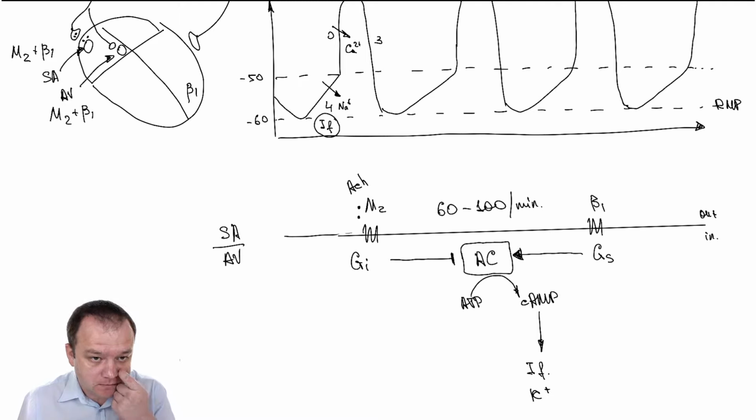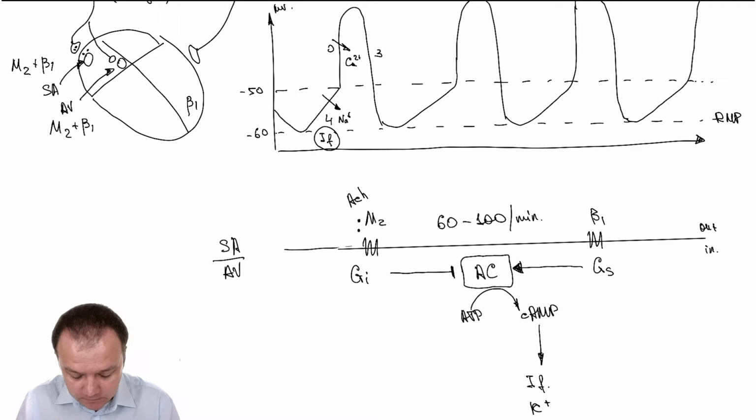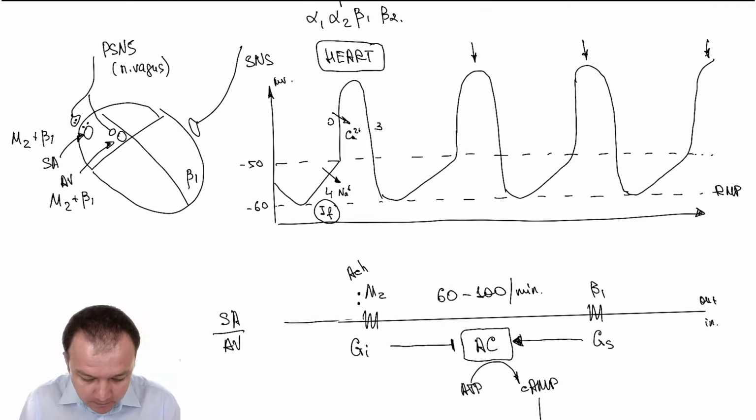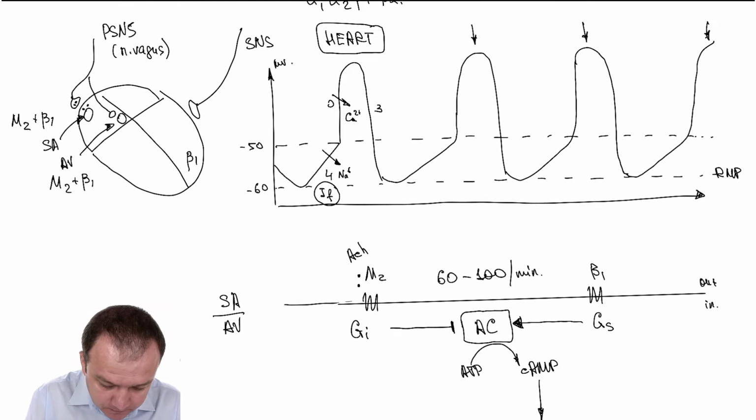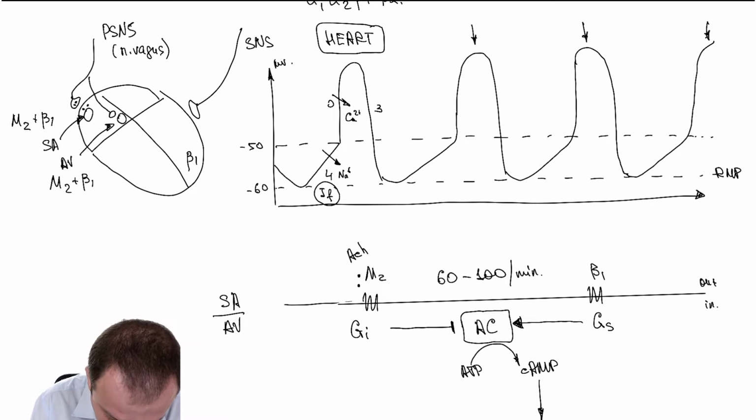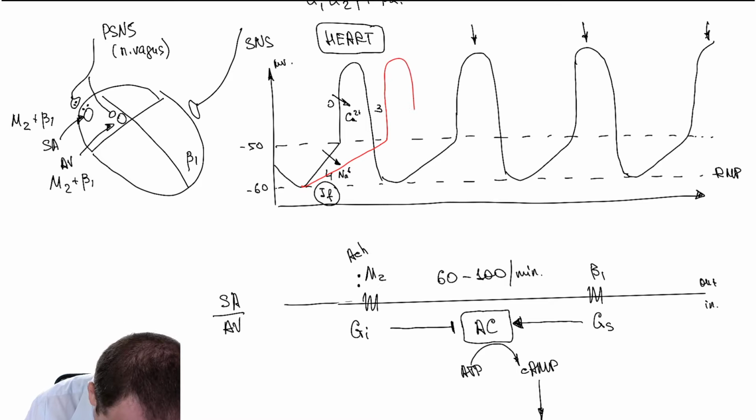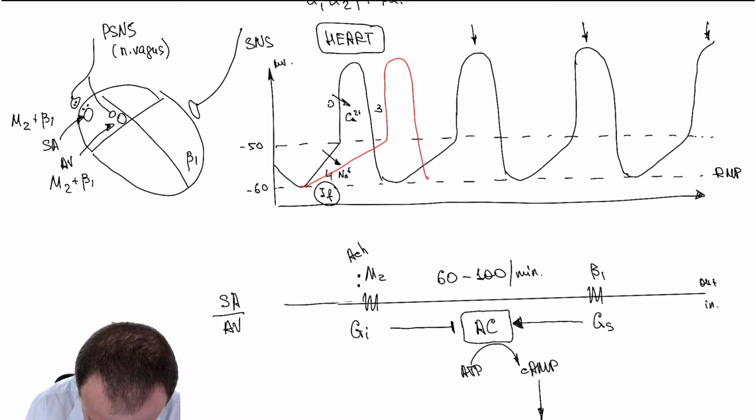So what's going on? In case of activation of M2 receptors, we have greater potassium efflux and fewer funny channels, and the action potential looks like that.